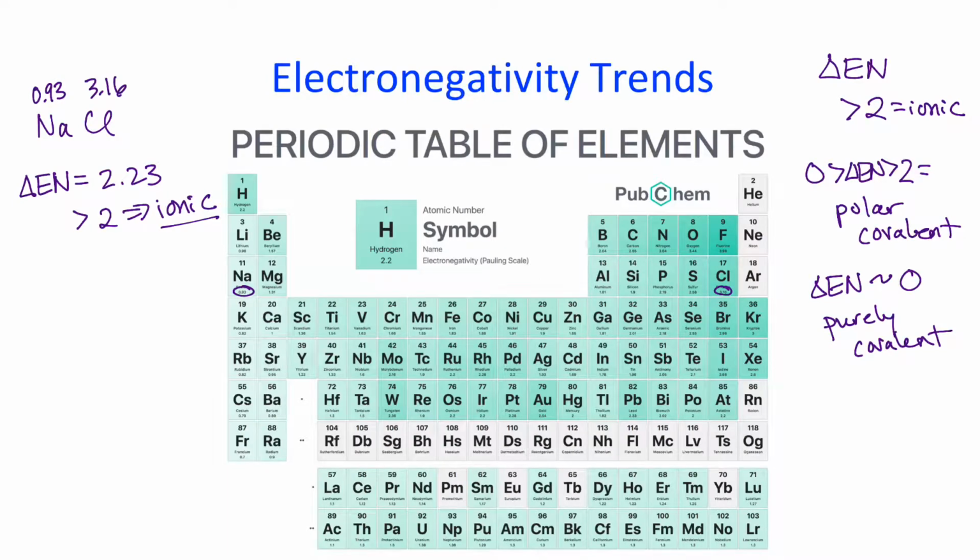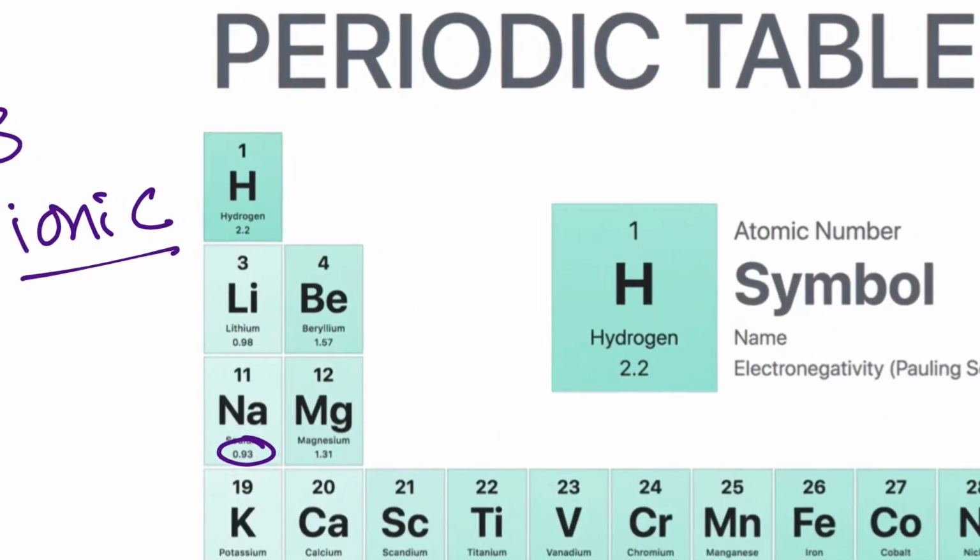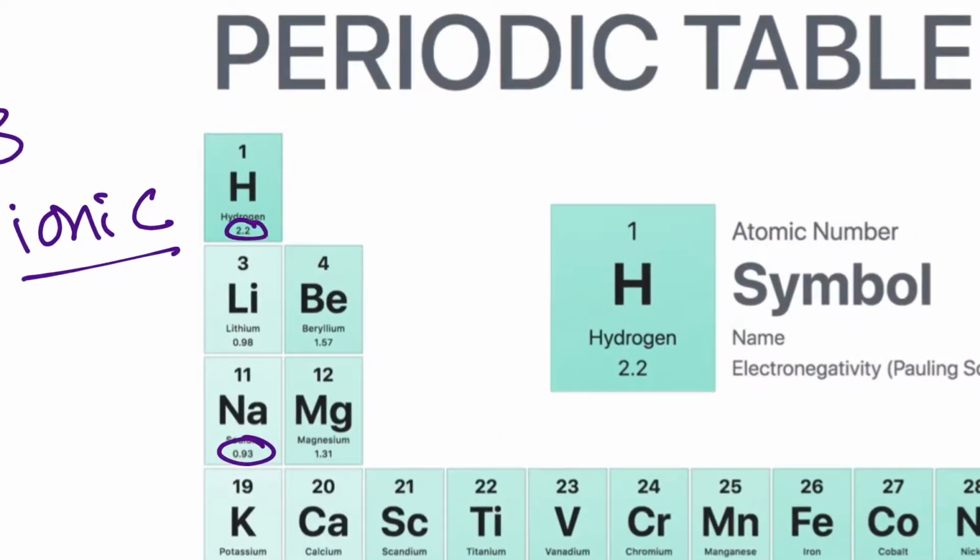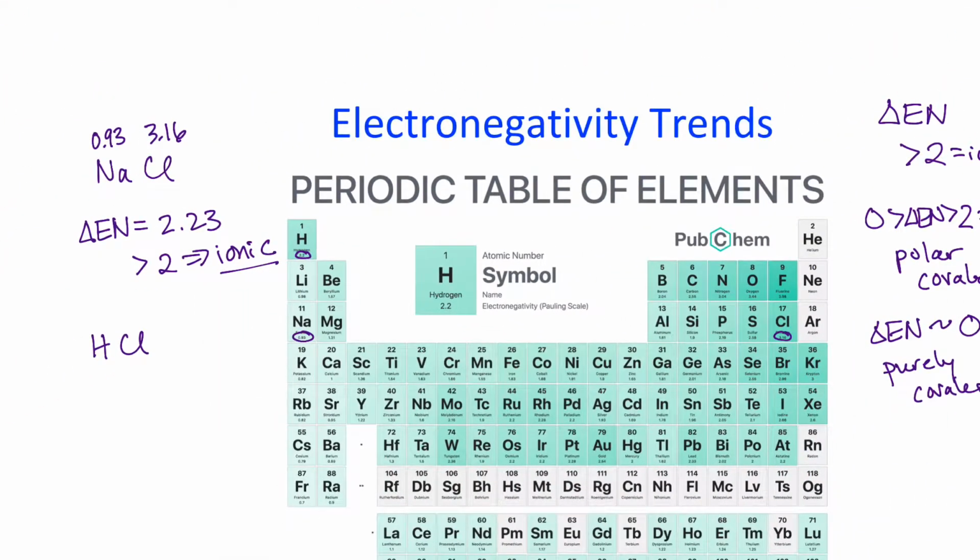So we want to look at HCl. H looks like 2.2 for an electronegativity, and then we already looked up Cl. We saw that was 3.16.